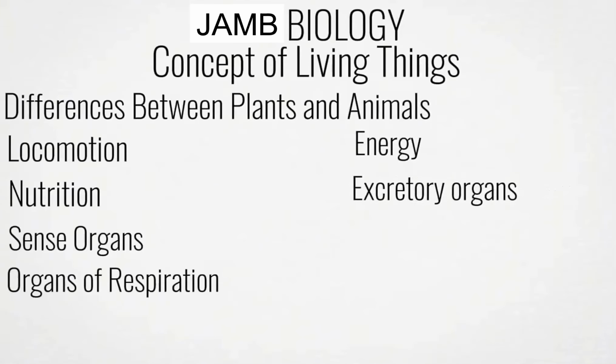In plants, there are no special excretory organs. In animals, there are some special excretory organs present. For instance, there is the kidney in vertebrates to eliminate waste products. So let's consider growth. Growth is indefinite in plants, whereas in animals, growth is limited.